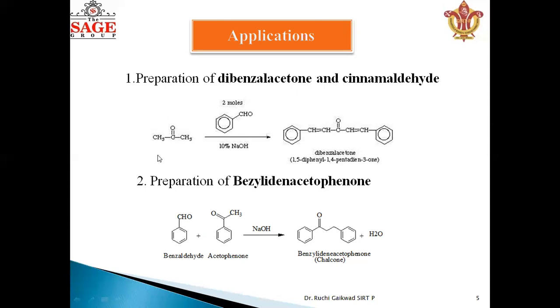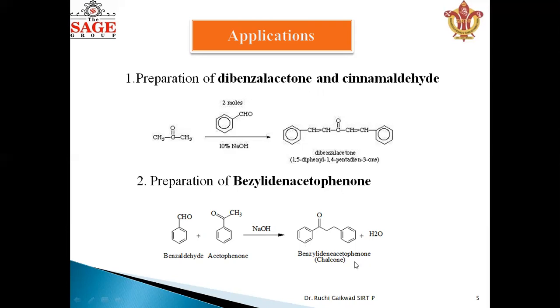The aliphatic ketone in the presence of base with the aromatic aldehyde gives dibenzylacetone. Also, it can be used in the preparation of benzylideneacetophenone: benzaldehyde plus acetophenone in the presence of strong base gives benzylideneacetophenone.